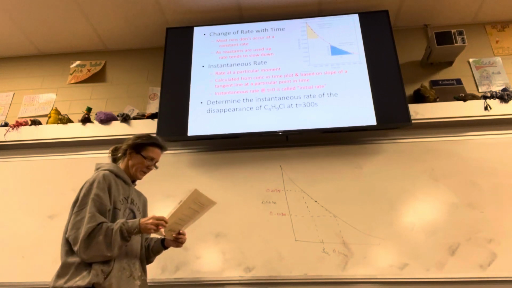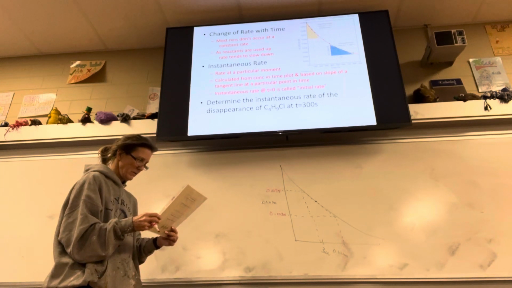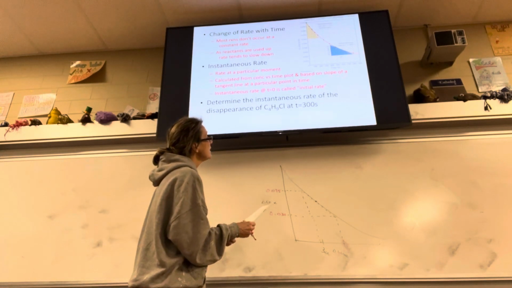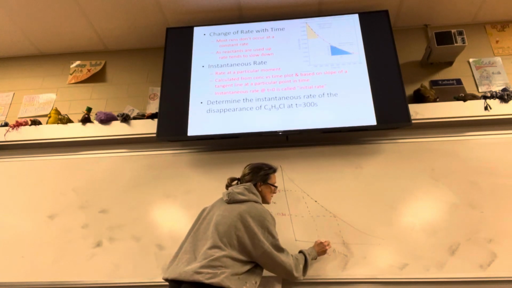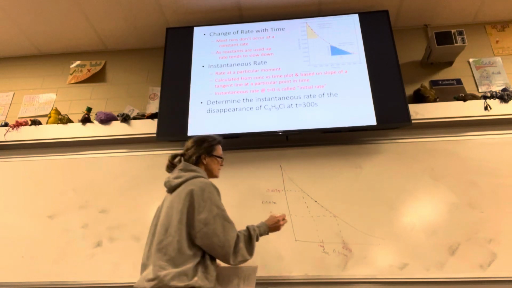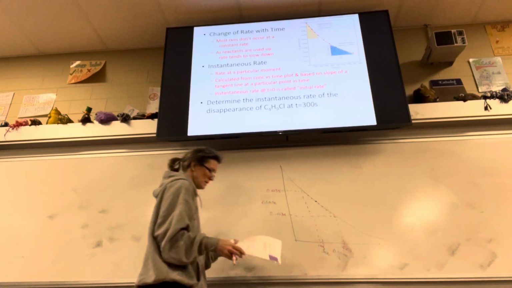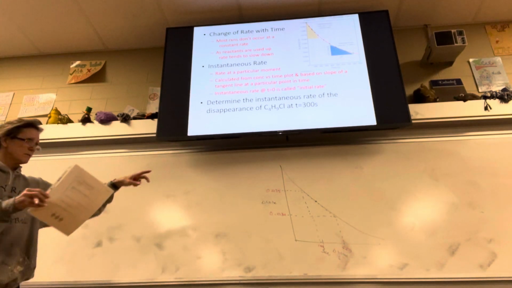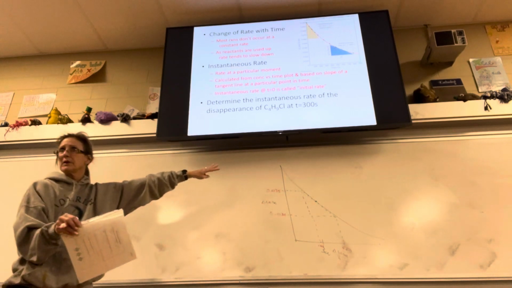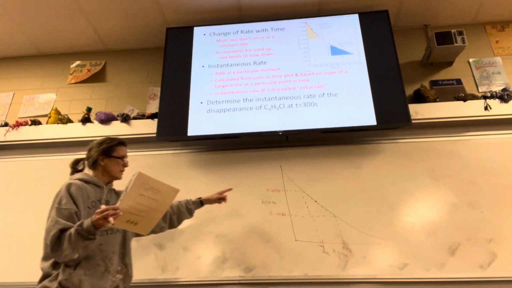And for the change in time, what do I have? 550 to 100. So this would be 100 and 550, and our time is in seconds. Just based on how big I drew my tangent line, you can draw it however big or small you want, but those are the numbers I got.